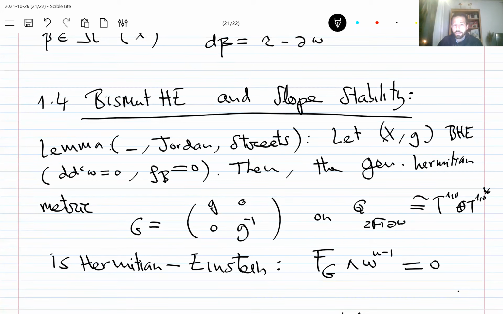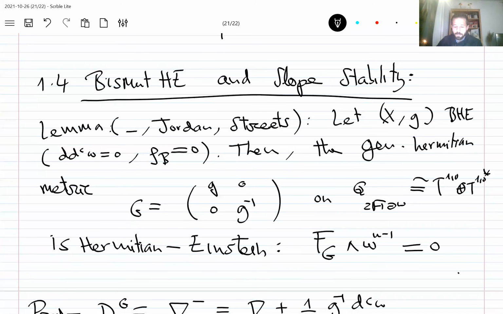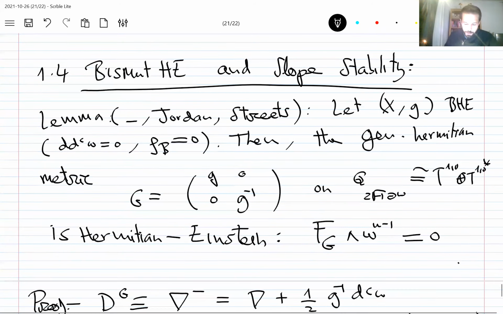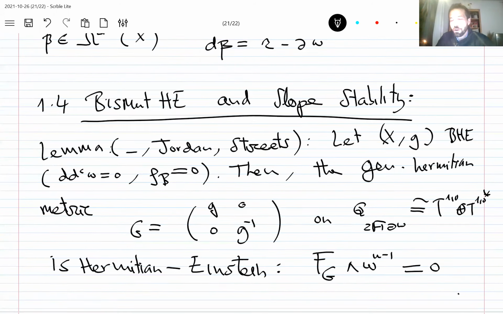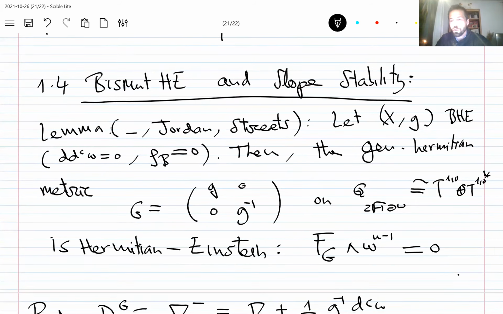Are there any questions? Okay, so if not, let me go for the punchline, which is the following theorem. Yeah, sure, sorry. F_G is just the two-form here. F_G is the curvature of the Chern connection of G. So G is a Hermitian metric on a holomorphic vector bundle, so it's just the usual Chern connection, the curvature of the usual one.